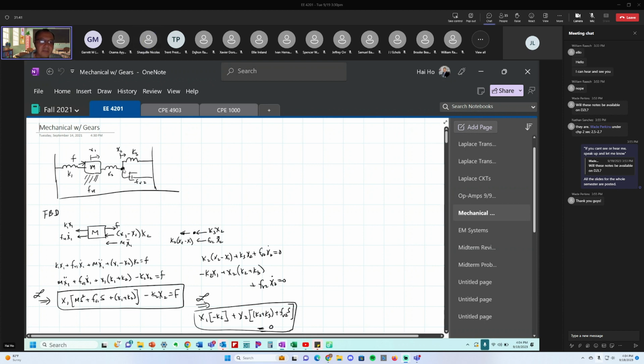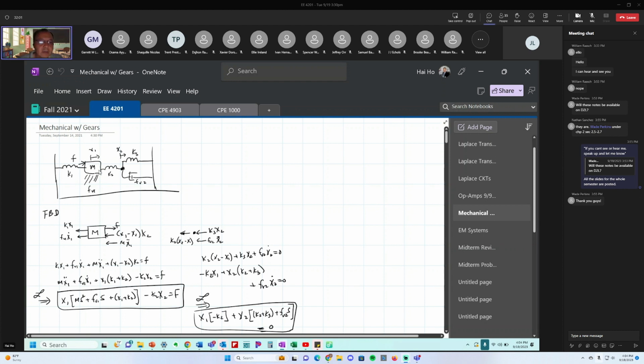So here would be the x2 displacement. This system has x1 and x2 as your displacements, and then there's a force exerted on this first mass over here. Let's see if we can come up with the state equation.